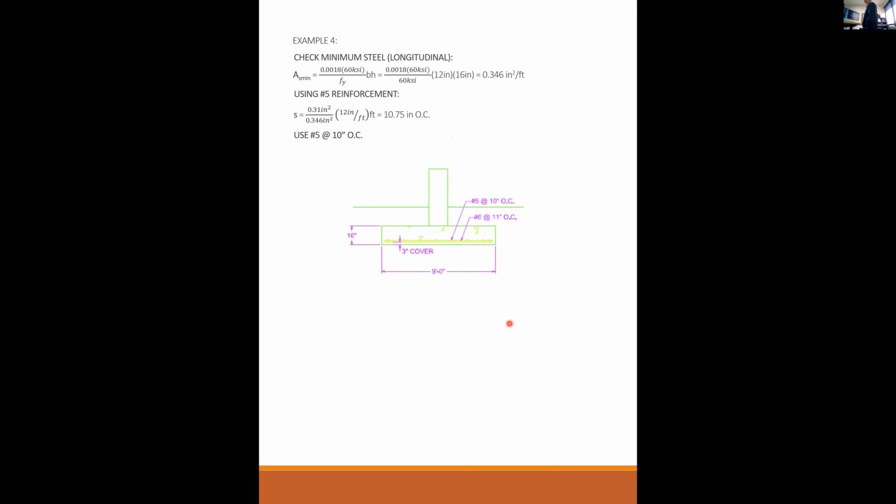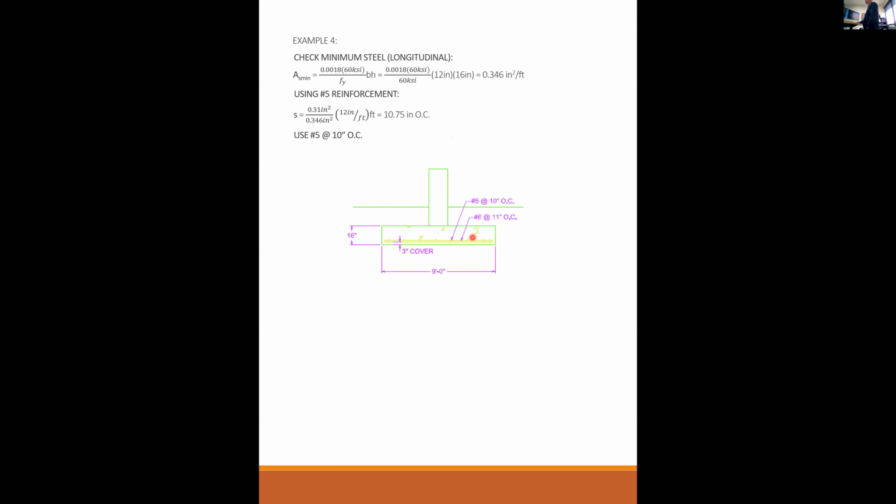For the cover, for the vertical one, is that 3 as well or 3.5? Well, by necessity, the transverse bar has to be either on top or below the longitudinal bar. The transverse bar is the one that was doing the flexural work. That's the one we actually designed. So it should be on the bottom to give it the most advantage.